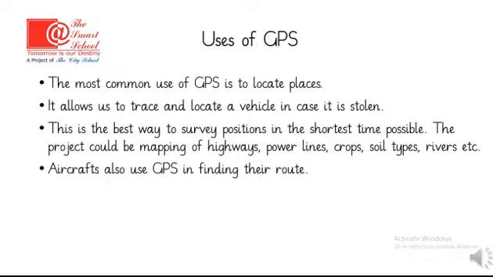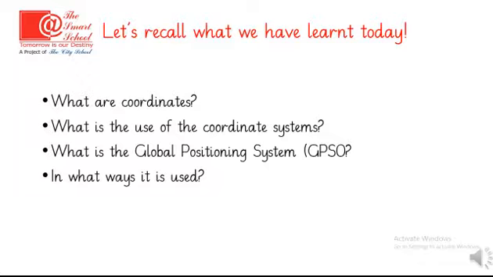The project could be mapping of highways, power lines, crops, soil types, rivers, etc. Aircrafts also use GPS in finding their route. So you see, the GPS system is really very important. Now let's recall what we have learned today.